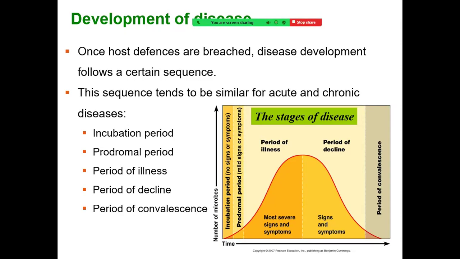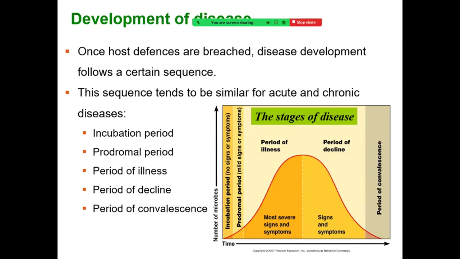During the period of illness, the signs and symptoms are usually the most severe, and the number of microbes in the patient is also the highest. It's followed by the period of decline, where the signs and symptoms get better. Like if the patient has a fever, the period of decline begins when the fever breaks. The period of decline is followed by the period of convalescence.